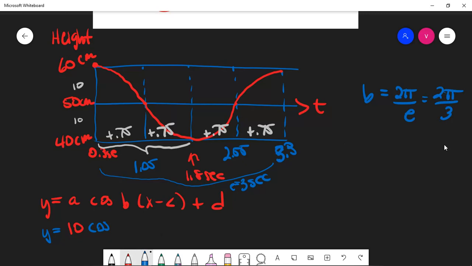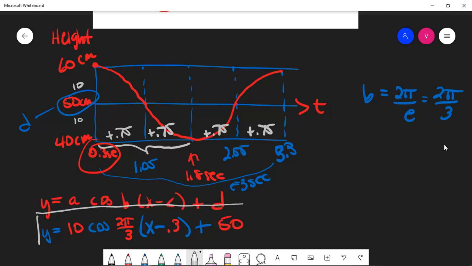Okay, so go ahead and fill that in, 2 pi over 3 for your B number. X minus the start, what's the start? 0.3 plus the vertical shift, which is here, D, 50 centimeters. There you go. So there is your equation, which models the spring.